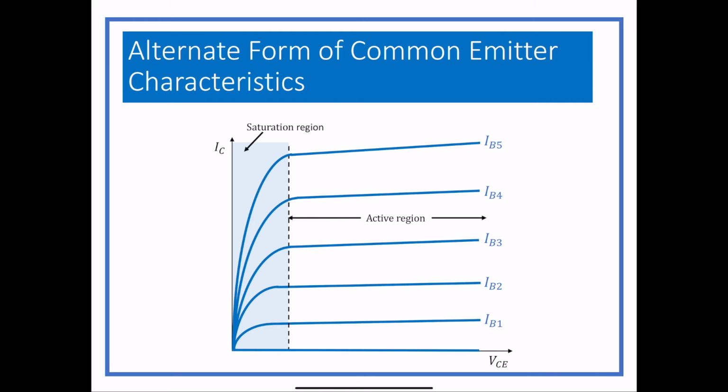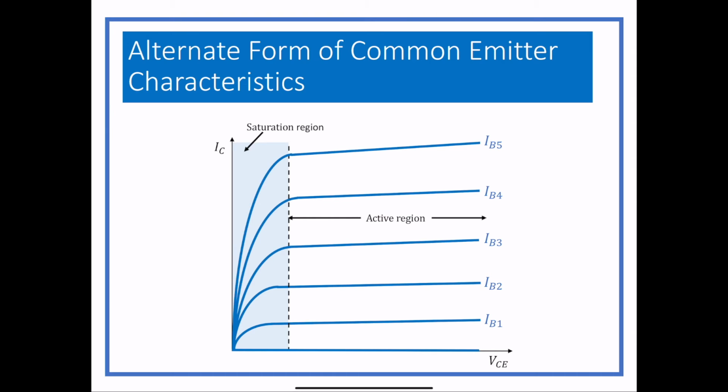If you use a curve tracer, of which there's one, I think, upstairs somewhere, that's basically what it will give you. It will give you traces like this with the base current being the control, and then it will test VCE and IC.